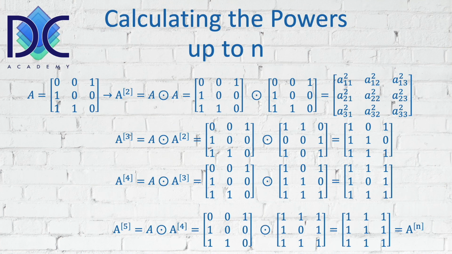We find that the result is a special matrix which only contains ones. 1, 1, 1 everywhere. So basically, when we increase the power, whatever power we select, we will always get back to the same matrix. So once we have 5 up to whatever power we want, the result is all the same.